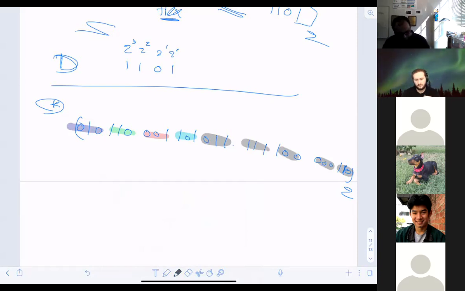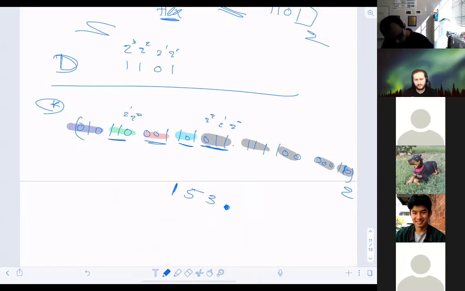So now I'm checking the value of each group. Here is my octal point. This is 2 power 0, 2 power 1, 2 power 2. So you're talking about 3. Same thing here, gonna be 5. Same thing here, gonna be 1. Here, 2 power 0, 2 power 1, 2 power 2, you're talking about 6.